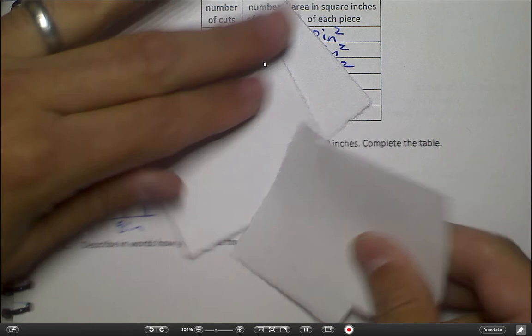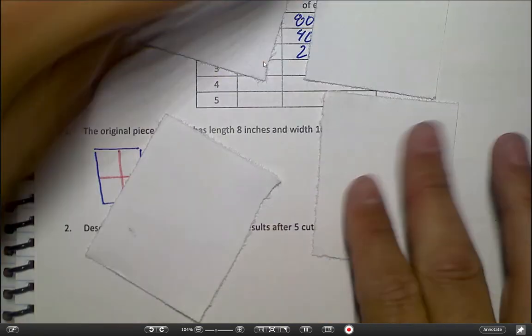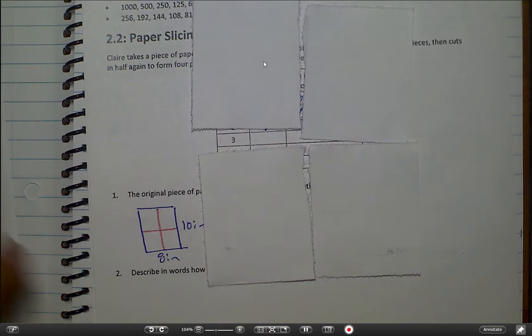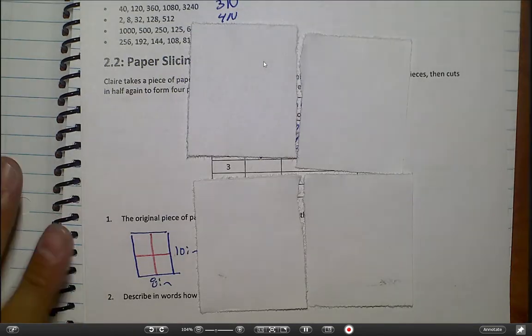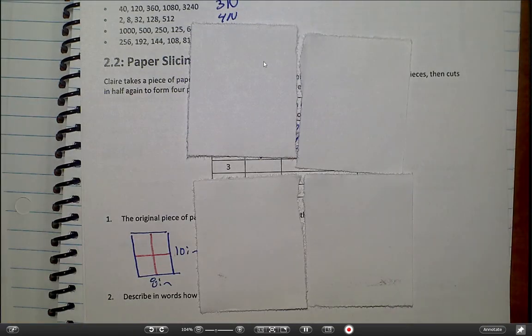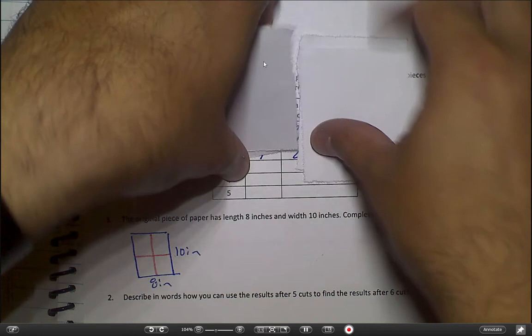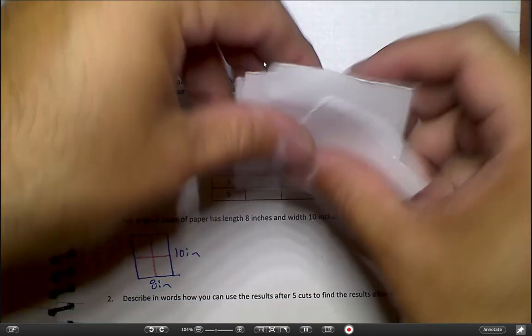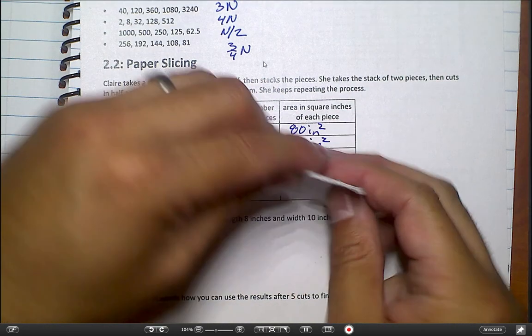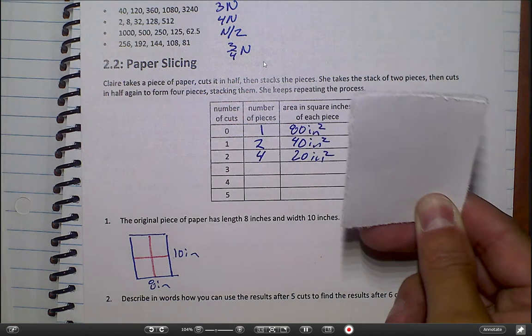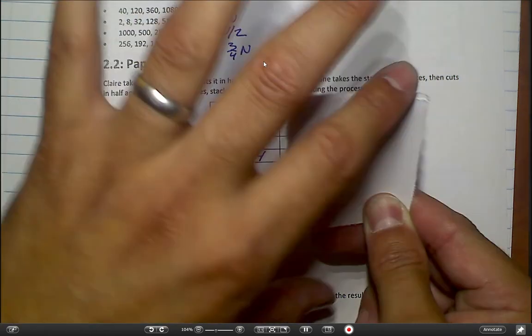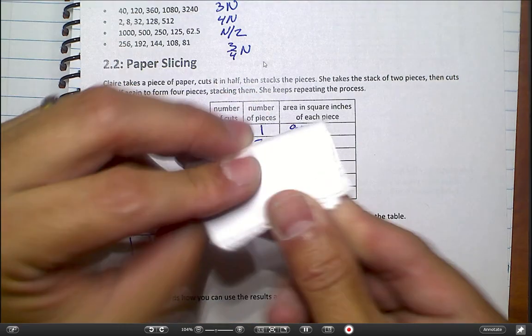Okay, there's my 4 pieces that I have right there. Now I'm going to stack them. Stack, stack, stack. So I stack them, and now I have to cut them again. Right in half. So I'm going to go like this.